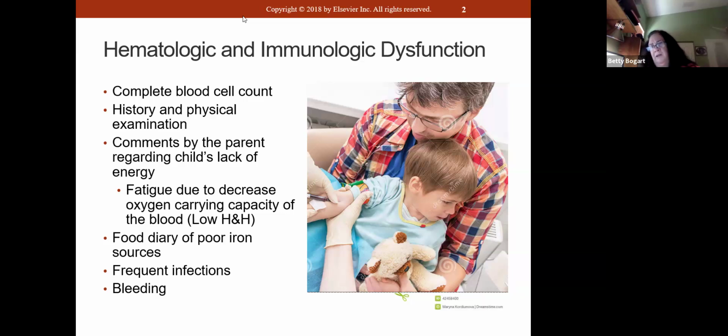Now, the most common of all hematological dysfunction is iron deficiency anemia. And what would you see? Well, iron deficiency means low iron. What does iron do to the body? It gives you energy, right? Gives you that get up and go that you need. So if you don't have iron in your body, you're not going to have that.